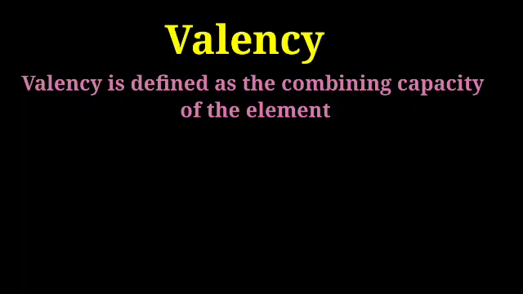Now we will talk about valency. Valency is defined as the combining capacity of an element, meaning how an element combines with other elements. Do you know why elements combine with each other? To get stability. And how do they combine?